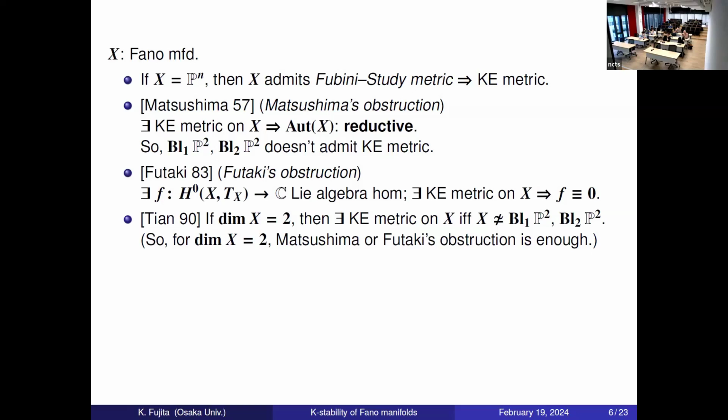So if the dimension is equal to 2, that is the del Pezzo surface case, Matsushima's obstruction, or I do not explain, but Futaki's obstruction is enough to settle the Calabi problem.